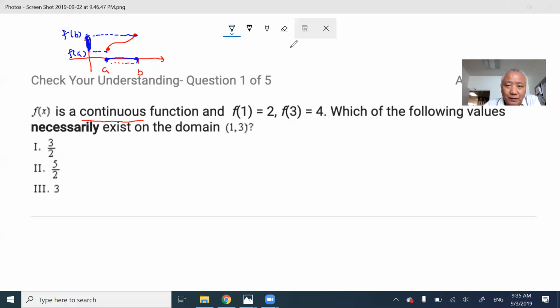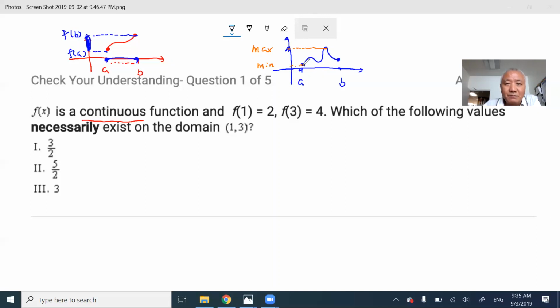Let's go back to the extreme value theorem. It says if the function domain is A to B, and the function goes from here, to here, to here, like this, no matter what, because the graph has no holes, there will always be a maximum and a minimum.